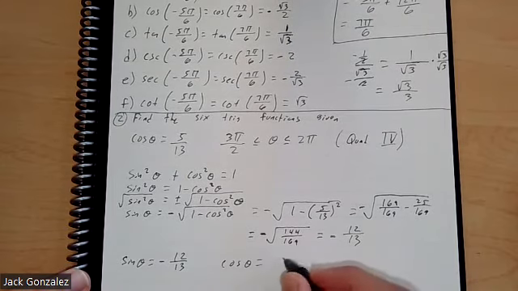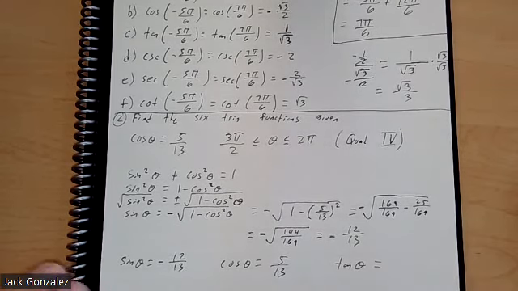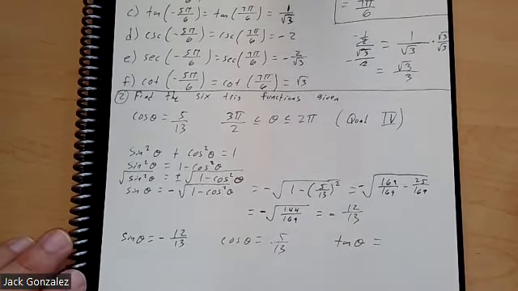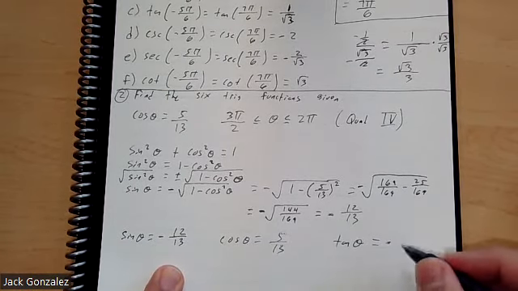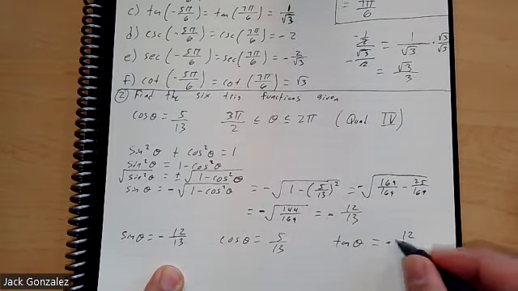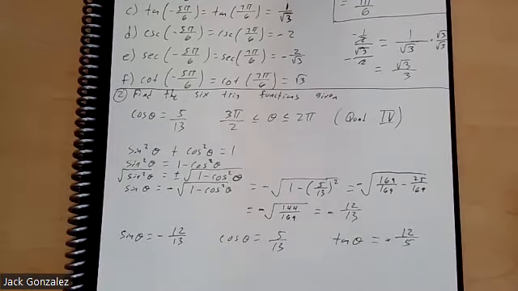Cosine theta equal to 5/13. What is tangent theta? Yeah, you would divide these, you would get negative 12 over 5. Once you find the first three, the rest would be easy.